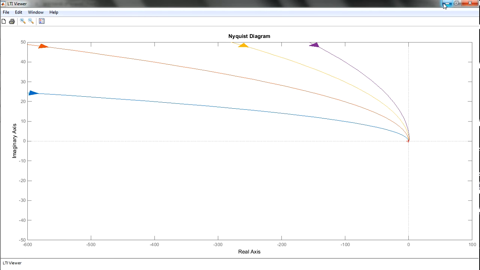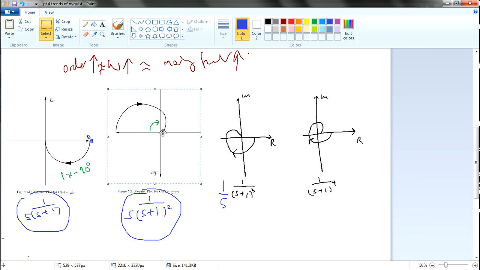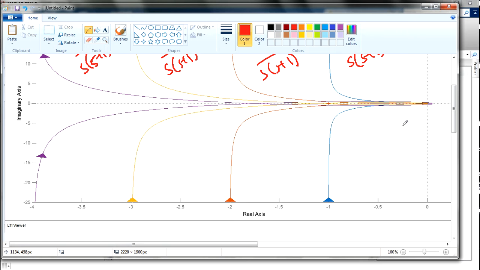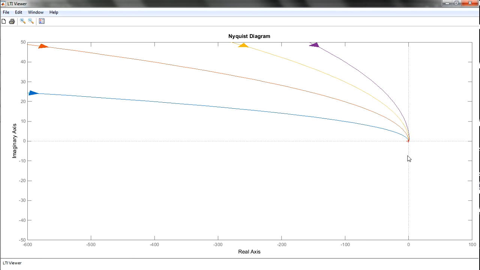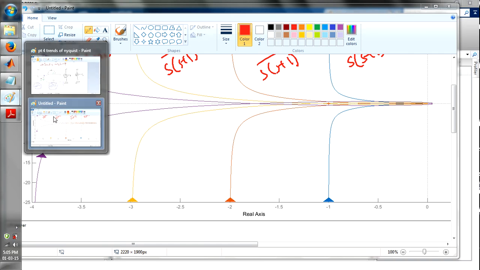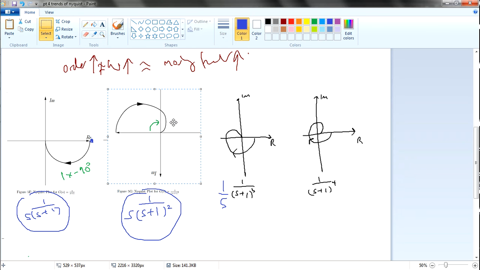Although it didn't cross over to the side, as you can see, they all settle down nicely on this section over here. They didn't cross over this section.